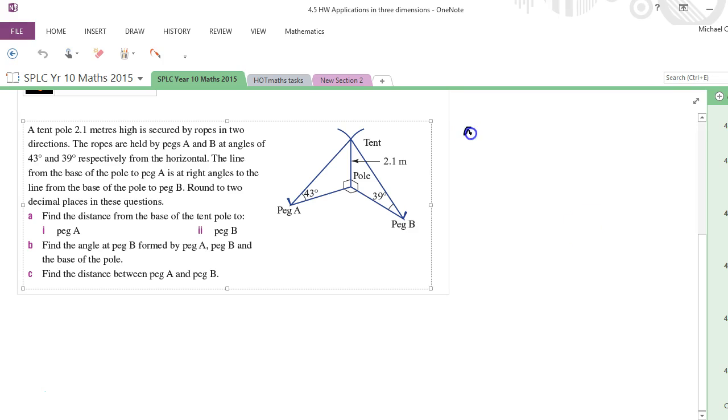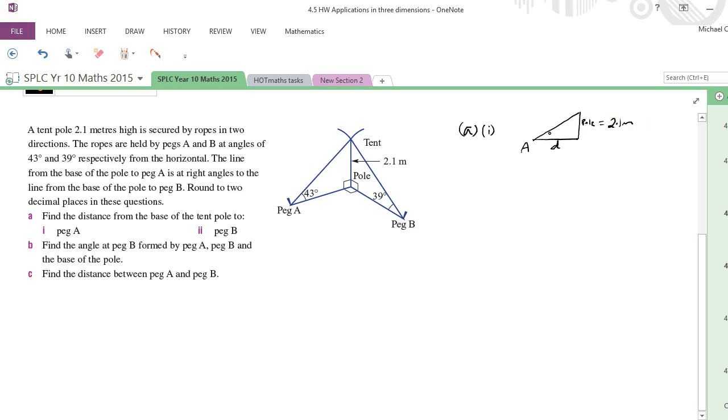So I'm going to do my working over here. I'm going to have A part 1, and let's just draw that triangle. So here's A, this is the pole, and we want to find the horizontal distance, so that's the distance there, and the height of the pole is 2.1 meters, and the angle 43 degrees. Right angle triangle.